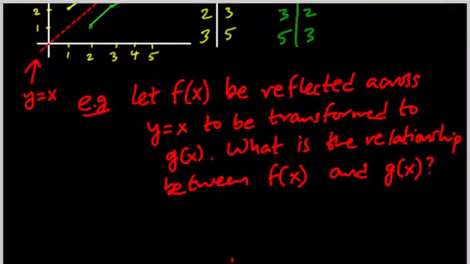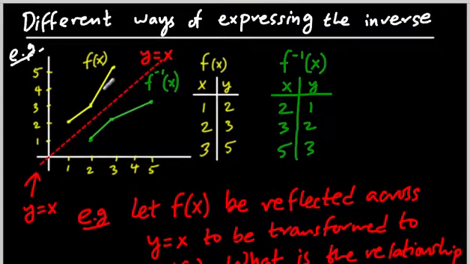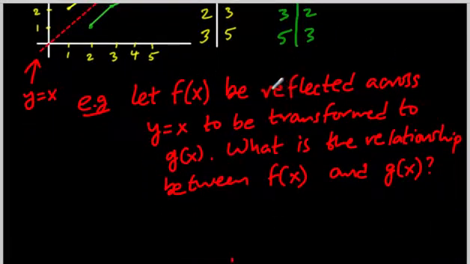Let's investigate this question. Say we have f of x right here, and we reflect it across this line, we get its inverse. According to this question, let f of x be reflected across y equals x to be transformed to g of x, then the relationship between f of x and g of x must be that they are inverses of each other.